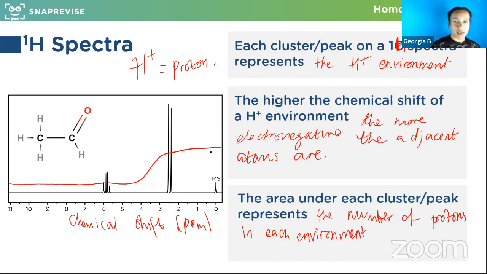So roughly, the one I've tried to draw for the integration trace, and you can measure it with a ruler in the exam, or it will just tell you how many numbers there are. That should roughly be 1 here and 3 here. So the peak on the left should account for 1 proton, 1 hydrogen, and the peak on the right should account for 3. That gives you an easier way to measure the area.